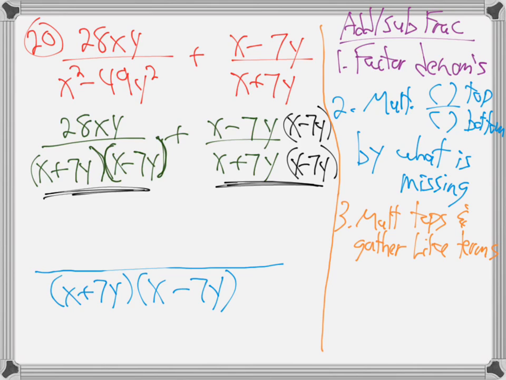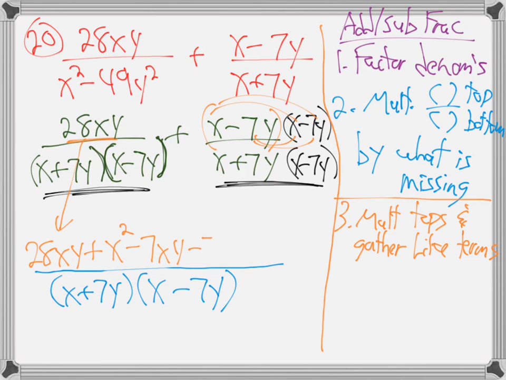So the first two steps are all about the denominator: factoring denominators, making the denominators the same. And then the third and fourth steps are all about the top. Now you move to the top. I'm just going to take the top, 28xy, and then this, I'm going to FOIL out. I'm not multiplying the bottoms, but I am multiplying the tops. X squared minus 7xy.